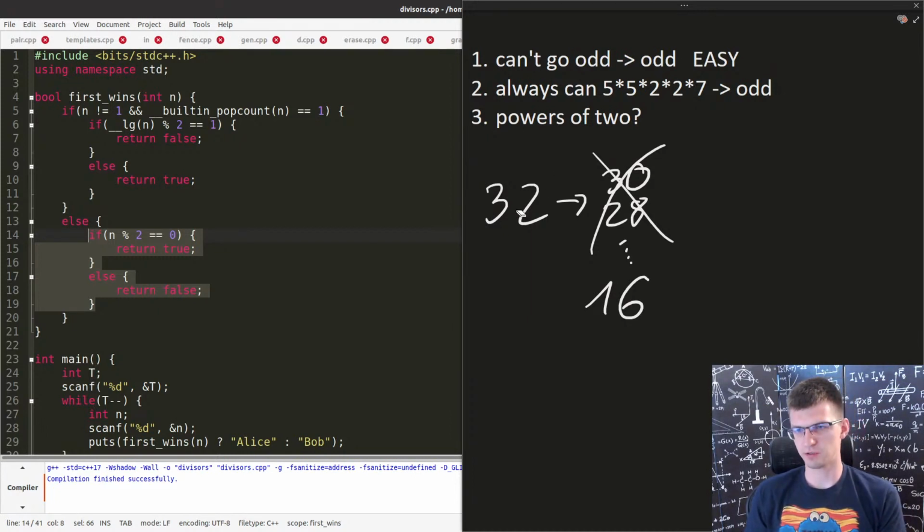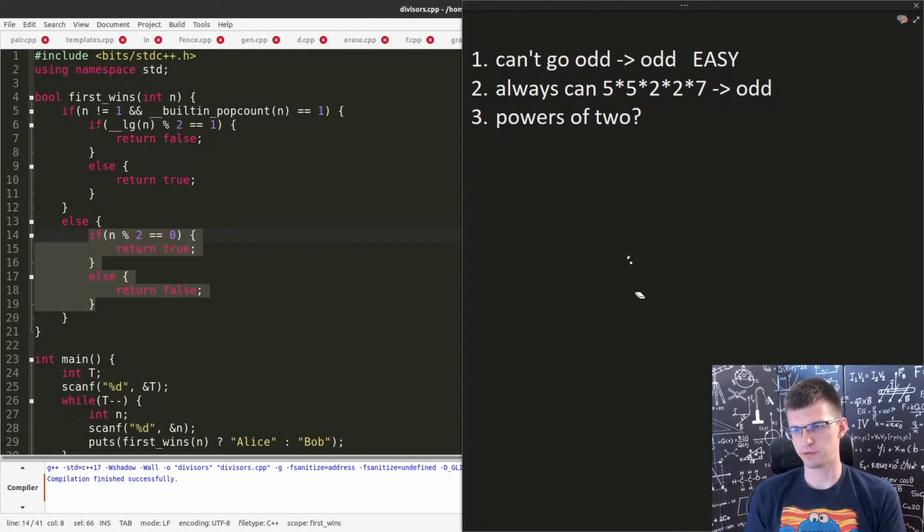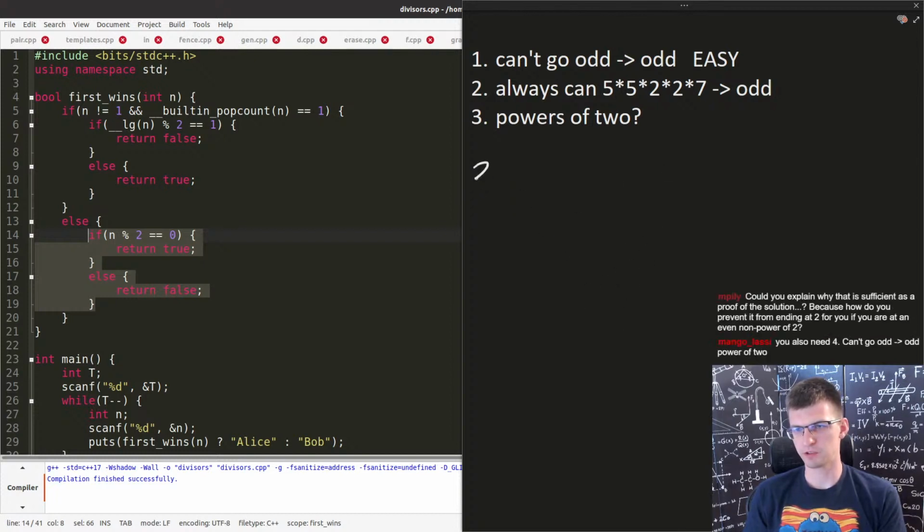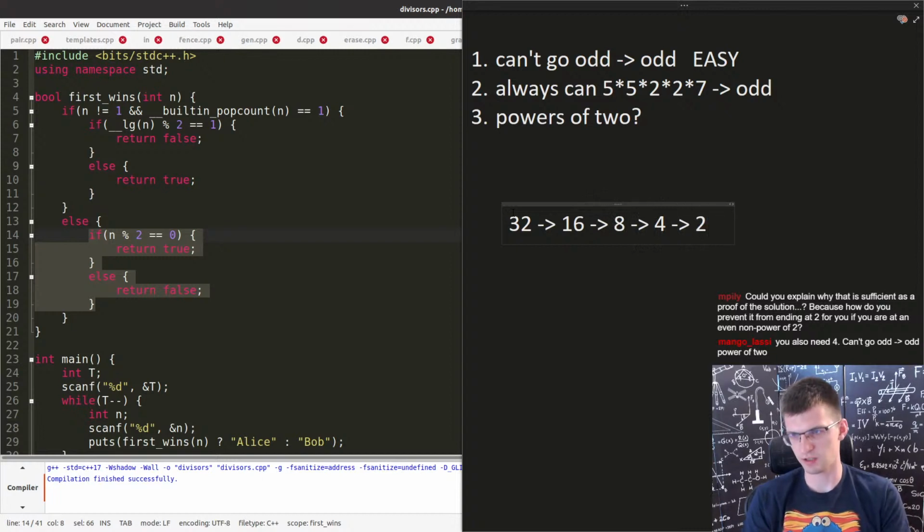So if we start with a power of 2, or if we ever have a power of 2, the game will just go like this: 32, 16, 8, 4, 2, and that's it, done. Hence, it depends on the parity of the exponent who will win. I showed why for each of those.